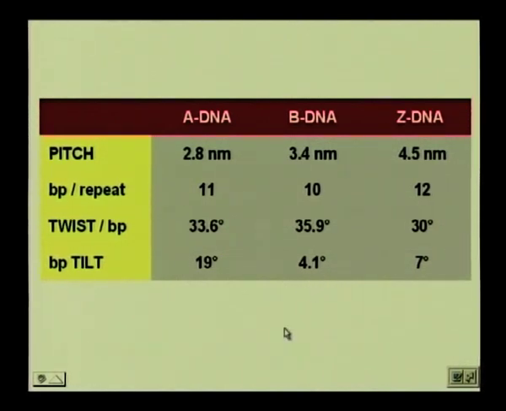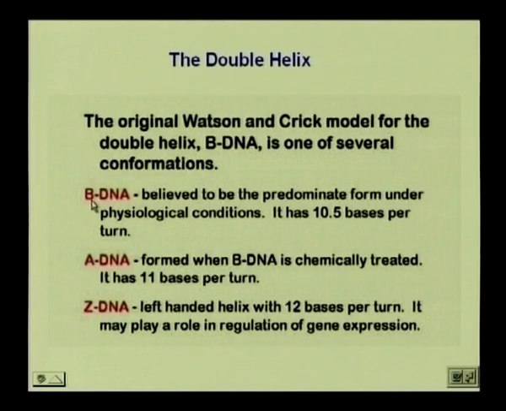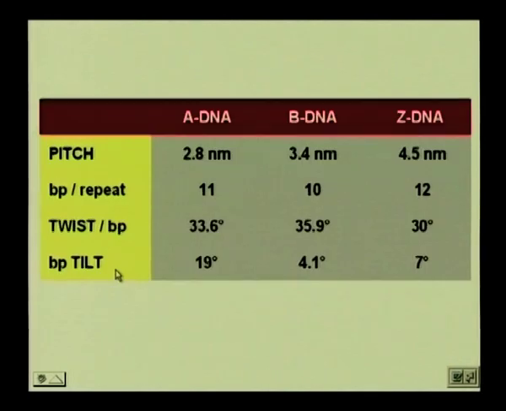That is a slight base pair tilt. So, the 3 DNAs, we have the B DNA, the A DNA and the Z DNA, and the most common structure that we will be considering is just the B DNA. Okay? That has about 10 base pairs per turn, 3.4 nanometers and a base pair tilt of 4 degrees.